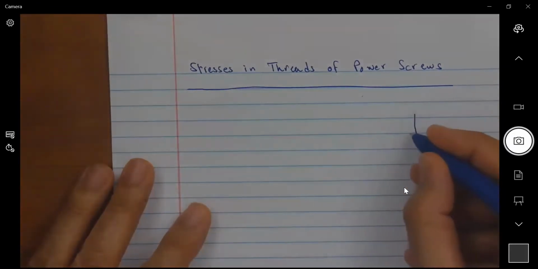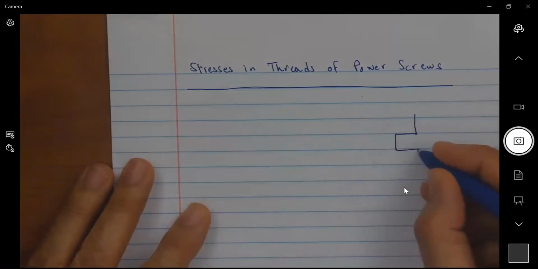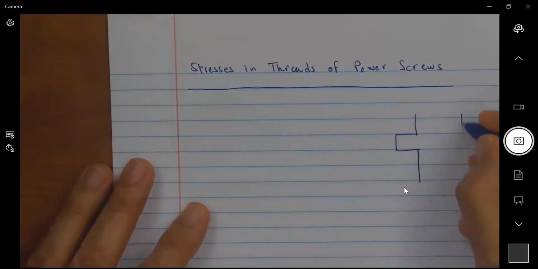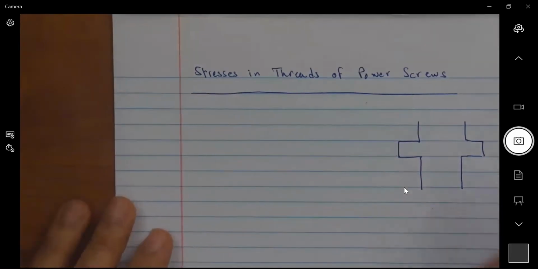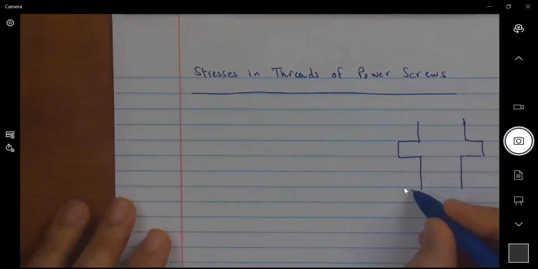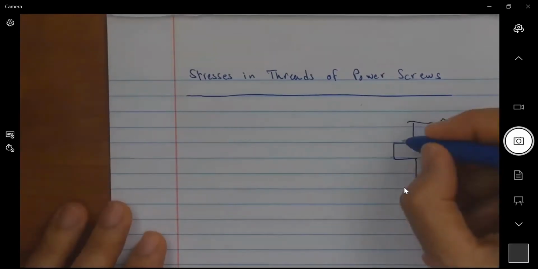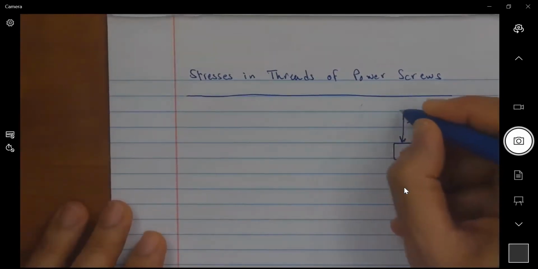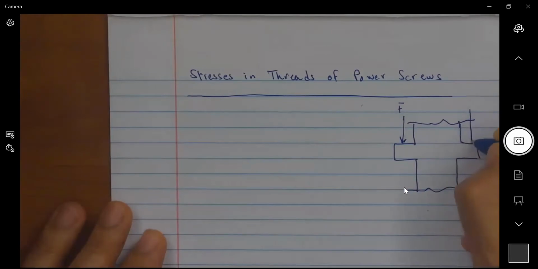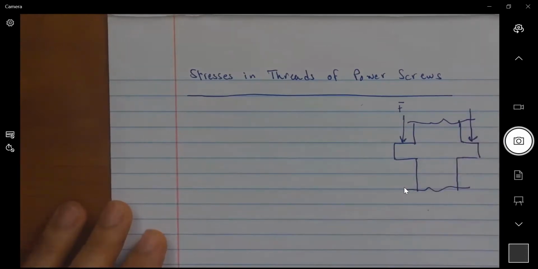So again, we are going to sketch. We still have the force F applied on the threads.